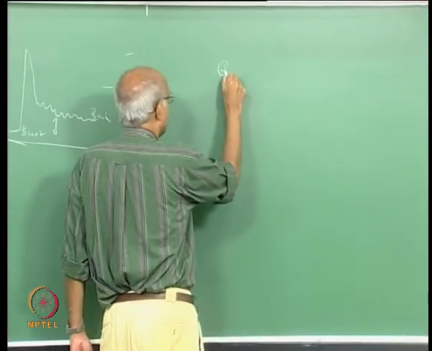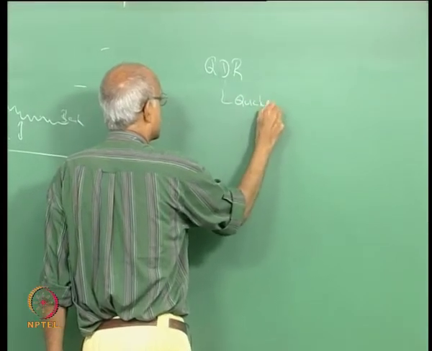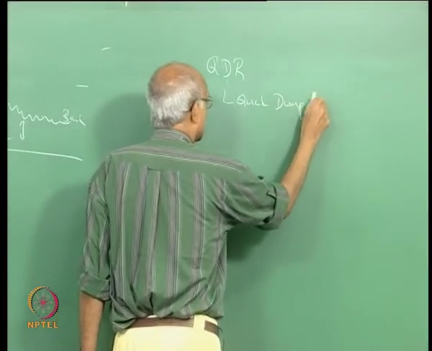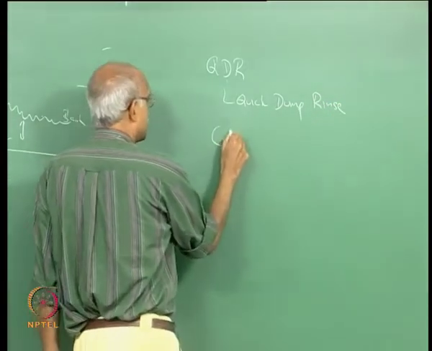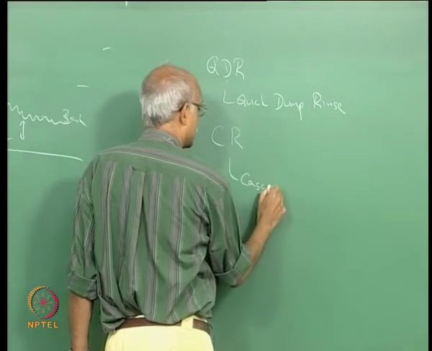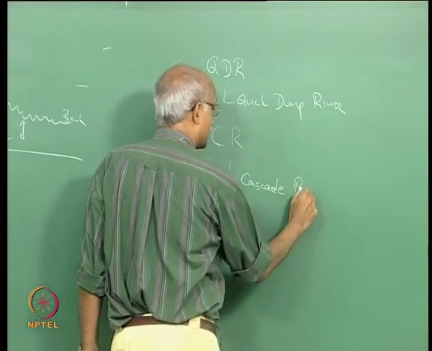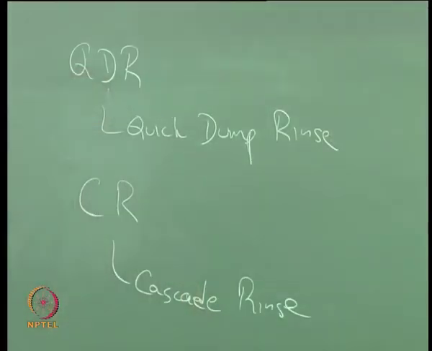One is called QDR, which stands for quick dump rinse, and the other is CR, which stands for cascade rinse. Now, the difference between these two can be sketched as follows.